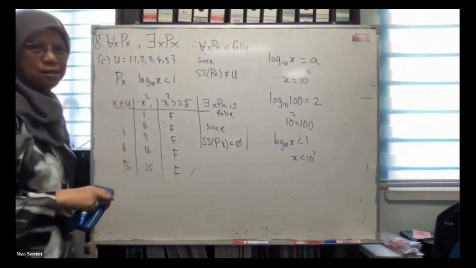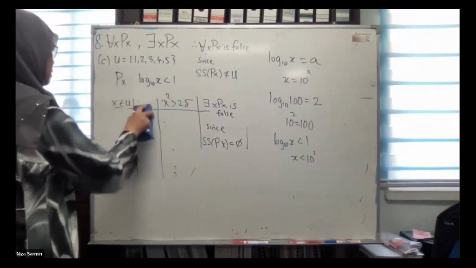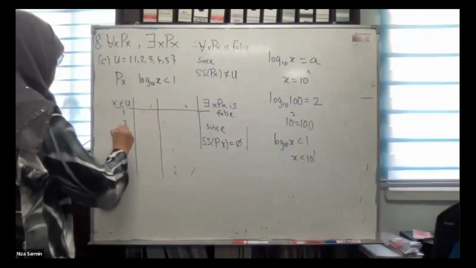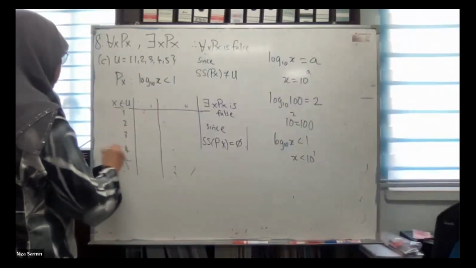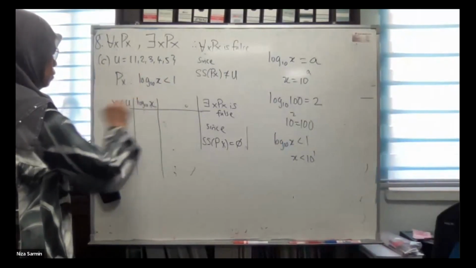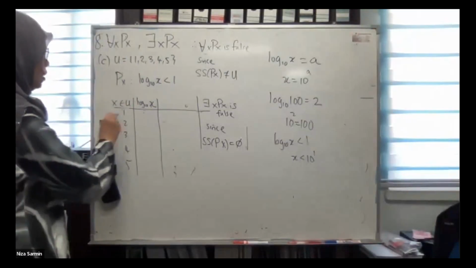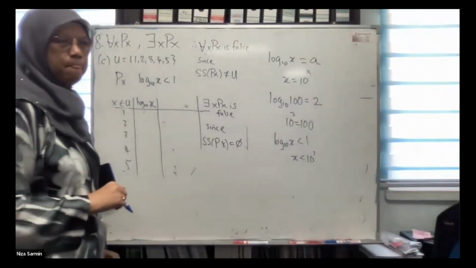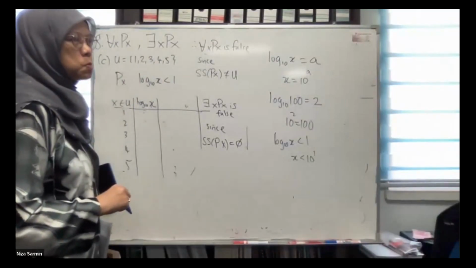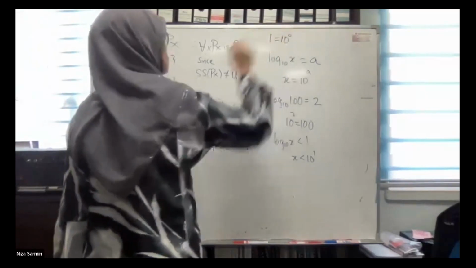Right? Okay. So these are all less than 10. So if you put 1, 2, 3, 4, 5. You don't have to do this, but you can find log base 10 of x. 1 is 10 to the 0, right?